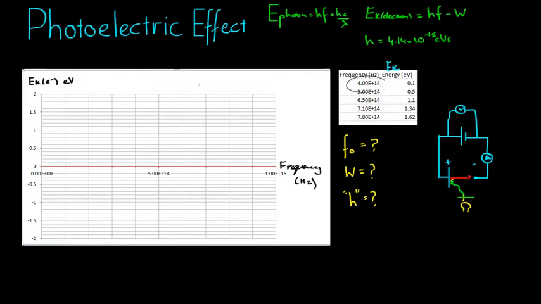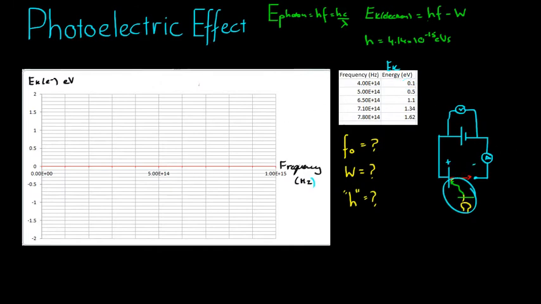So the first one we have 4 times 10 to the power of 14, so 4e plus 14 means 4 times 10 to the power of 14. That's the frequency of light we shone upon the metal surface down here. And we had an electron ejected of energy 0.1 electron volts.